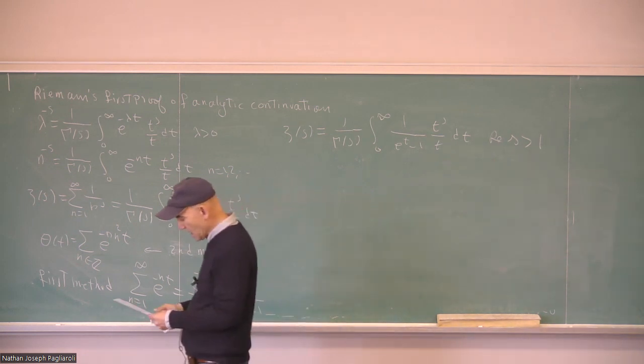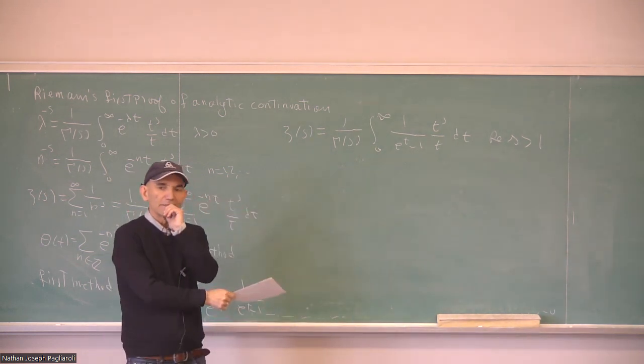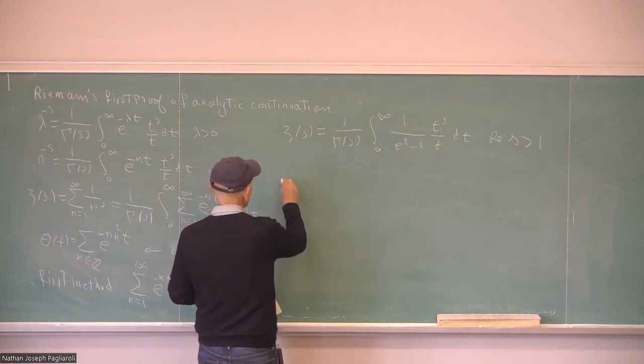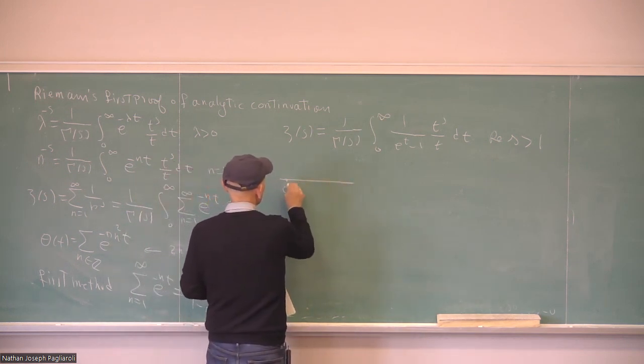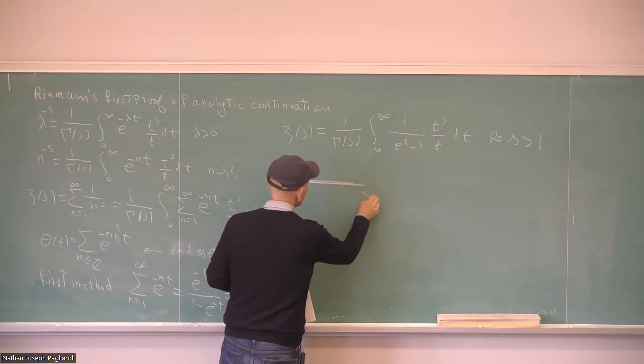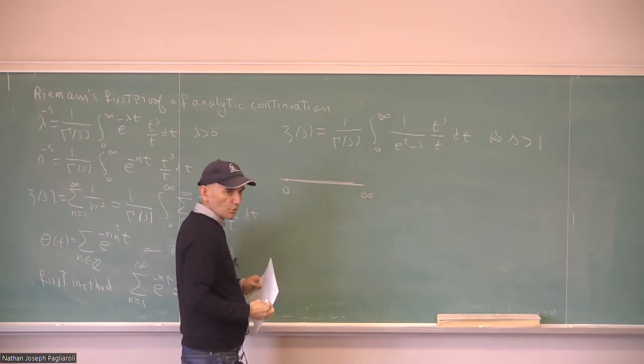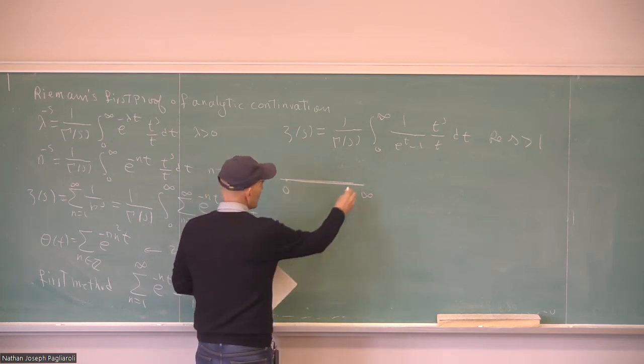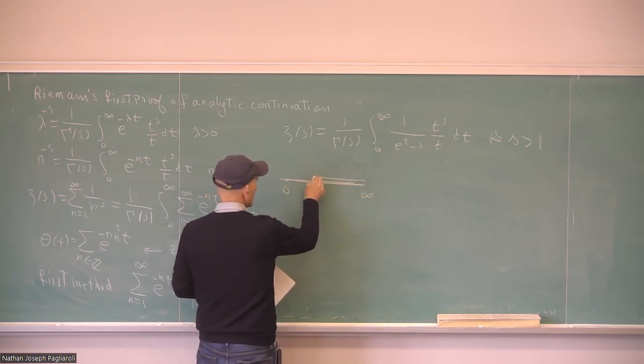Okay, then again, he uses complex analysis and he changes the integration contour. You see, now we have here the integral from 0 up to infinity, right? So he changes this contour. He says, okay, I'm going to take a contour like this.